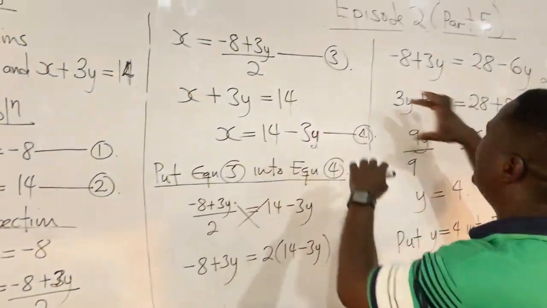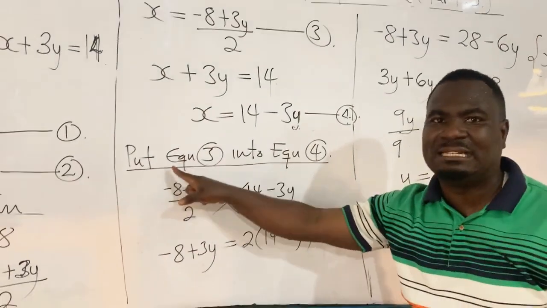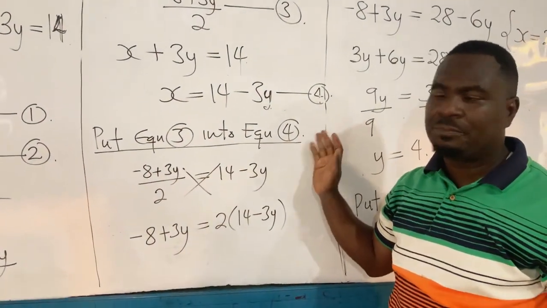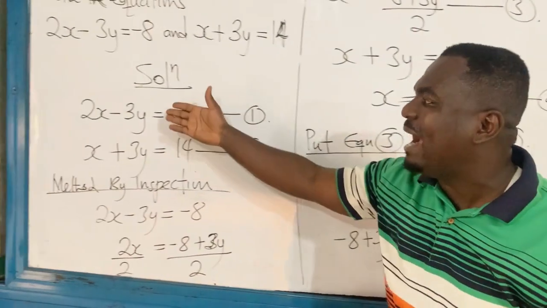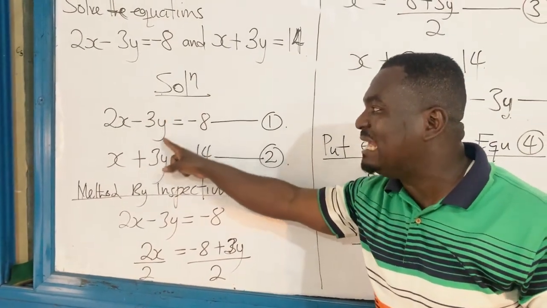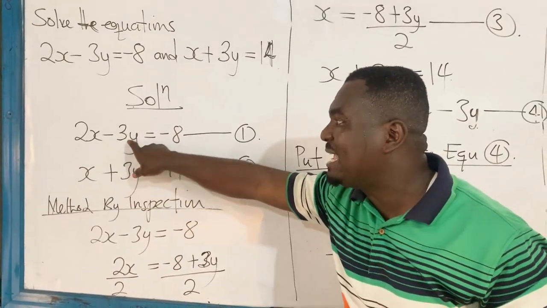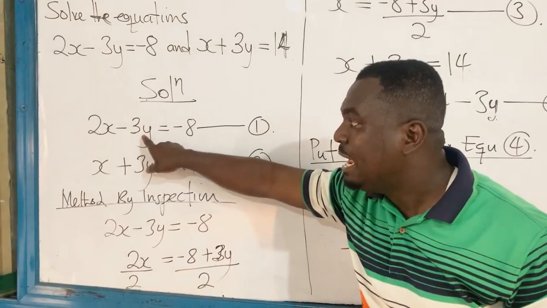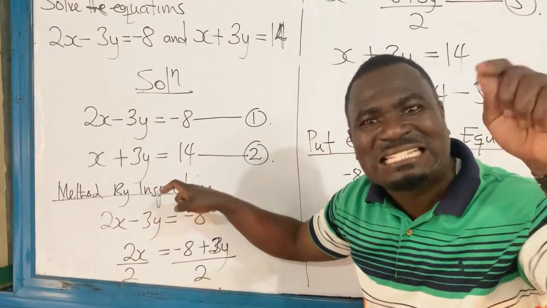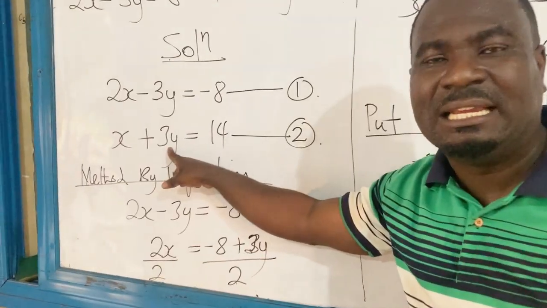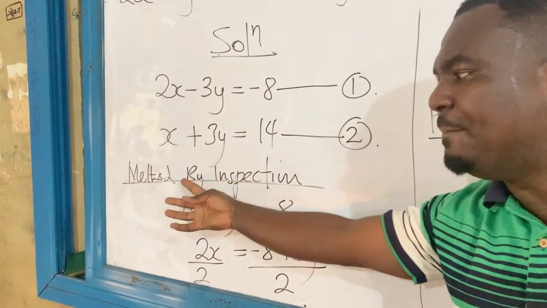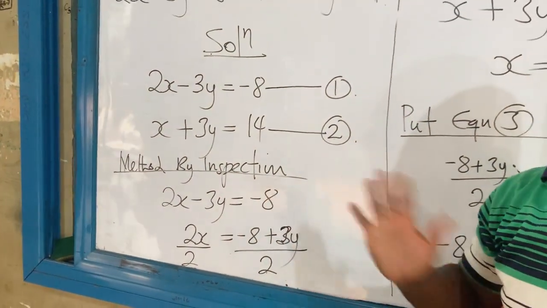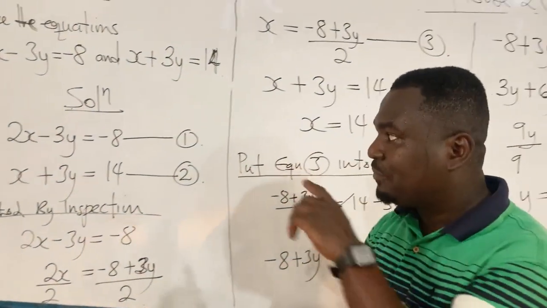Then you put the two equations together by writing this. Put equation 3 to equation 4. One may choose to make y the subject. So if you're making y the subject here, you have to make the same y the subject in equation 2. This is what the method by inspection talks about. It's very simple. Trust me.